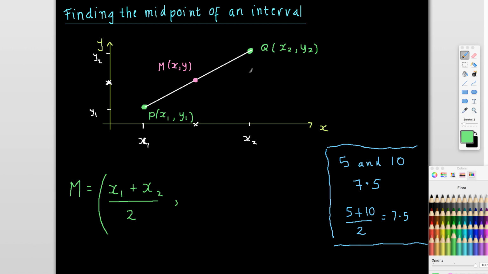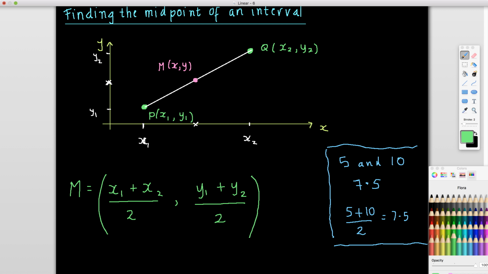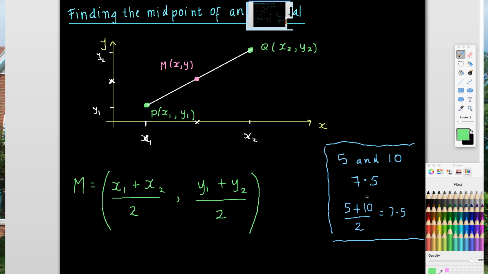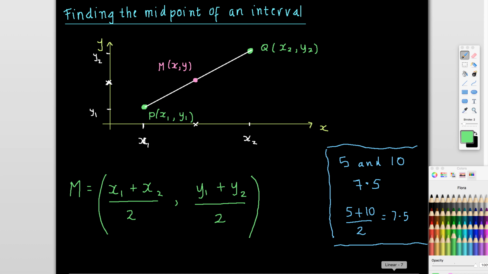The second number, the y value that I need, will be the average of the two y values that I've got in my two coordinates, those two coordinates that will be given. And as you can see, we now have a rule for finding the midpoint. Now, of course, we want to see this rule in action, so I'll do that now. Let's go down to this one.